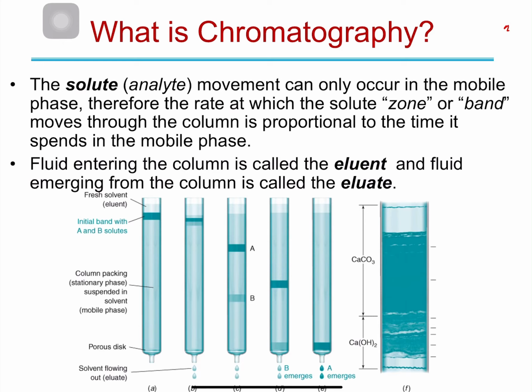Your analyte starts off in a mixture, and you want to separate your mixture. So let's say that you have a mixture of two substances, A and B, and you have your column here, and this column is packed with the stationary phase. And as I said, the stationary phase can be either a solid or a liquid that is bonded to a solid material.